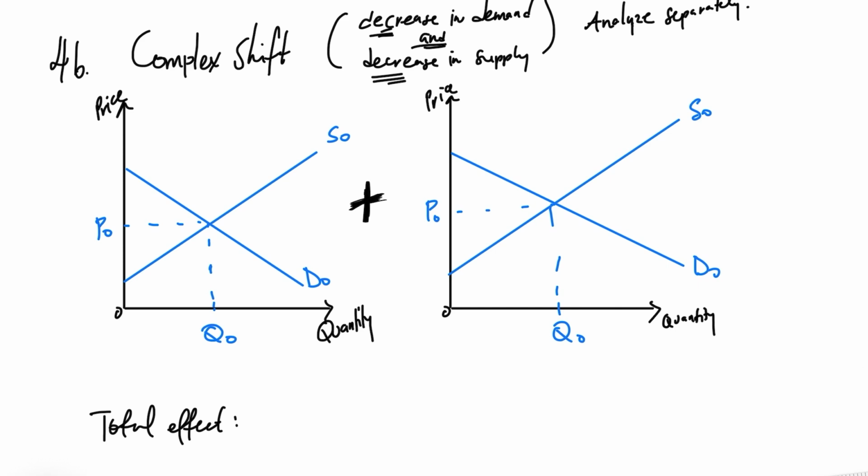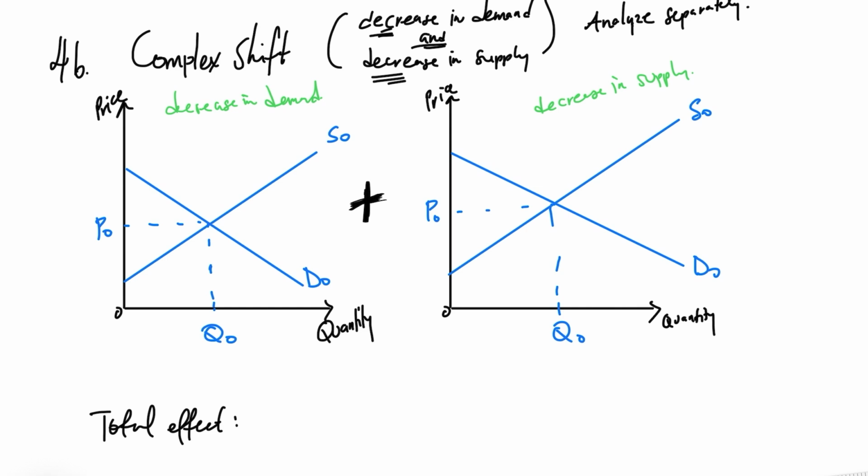Let's move on to complex shift 4B, decrease in demand and decrease in supply. Okay, so say the decrease in demand is here. And the decrease in supply is here.